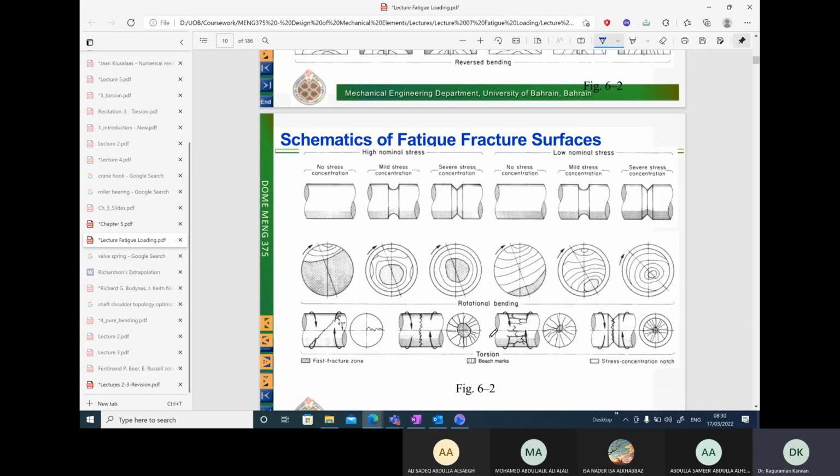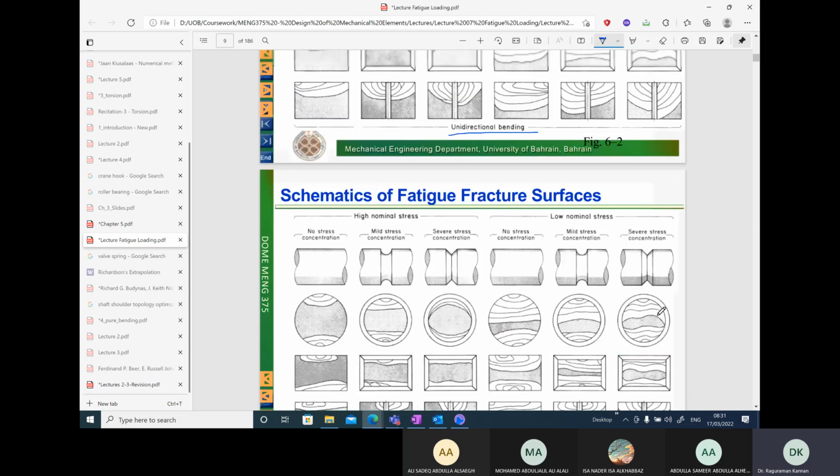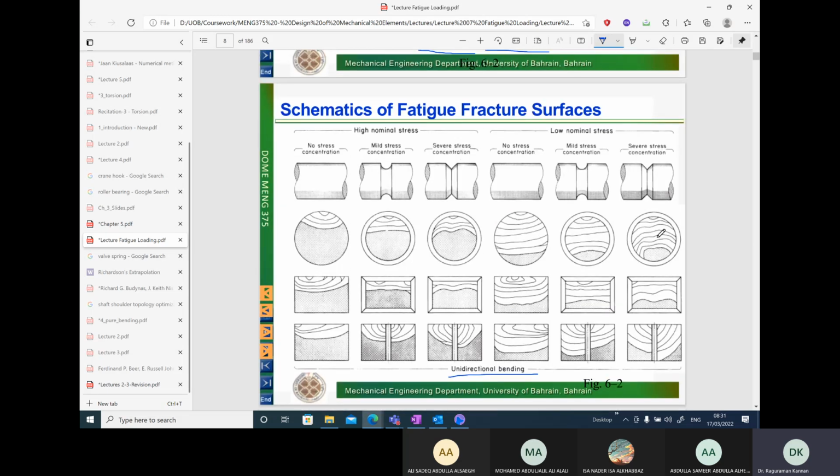How about torsion? In the case of torsion, mostly we will have the material in the center stuck for most of the cases, and then fracture happens from the center. So most probably if it is at the center, maybe torsional loads, but we cannot be sure just by looking at the cases.